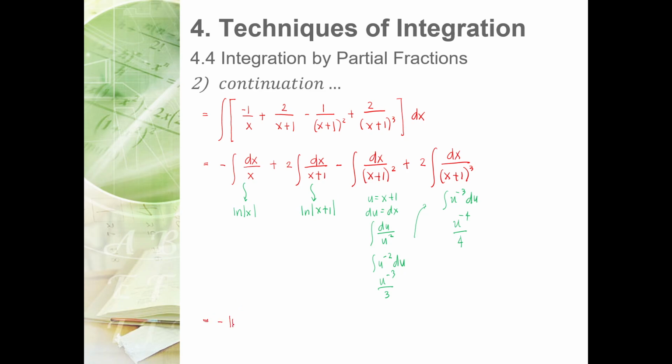So the final answer would be negative ln x plus 2 ln x plus 1, then minus, so negative 3, negative, negative, so this would give us positive 1/3 of x plus 1 to the -3.